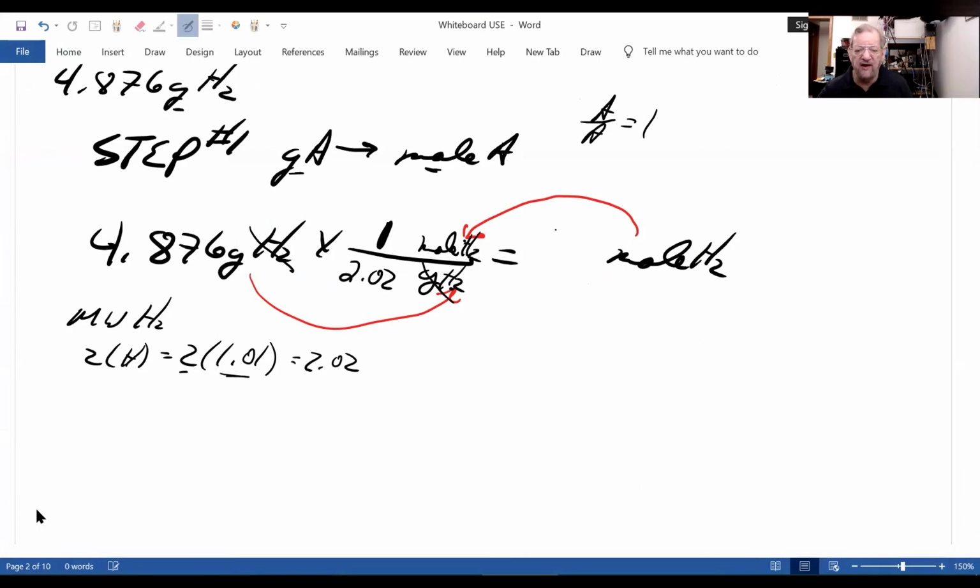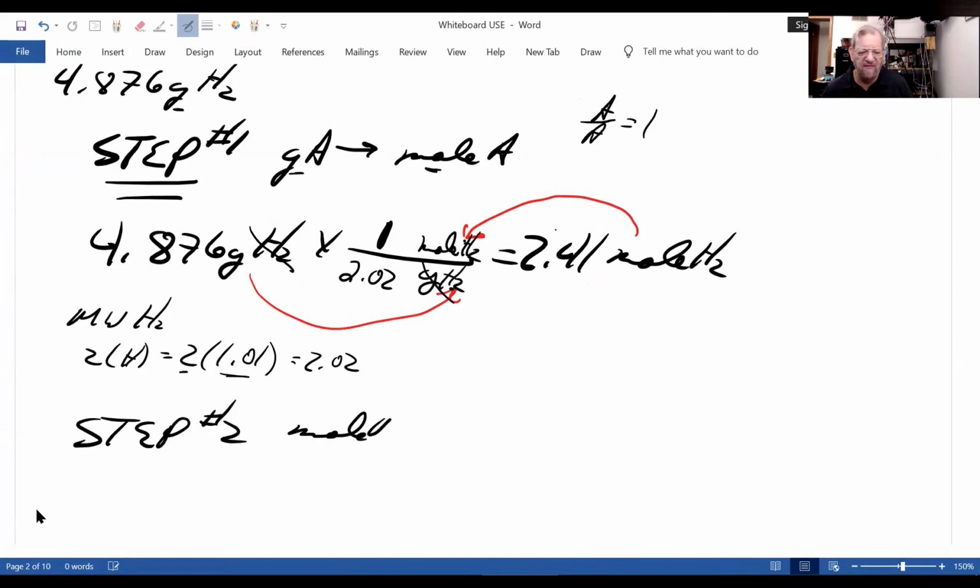So now we've done step 1, and now we're going to go to step number 2. Again, this is given to you. Now we have moles of A to go to moles of B. And what does that mean?